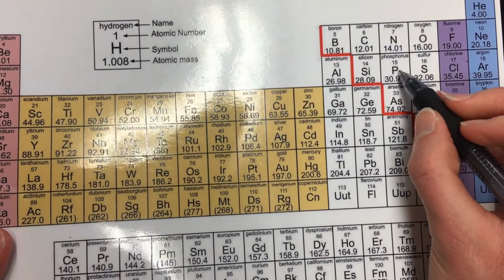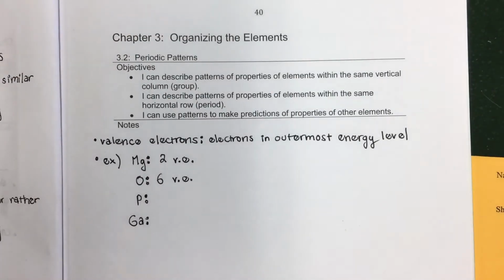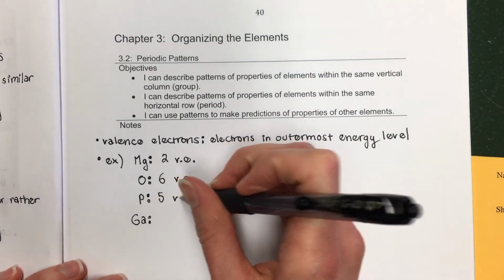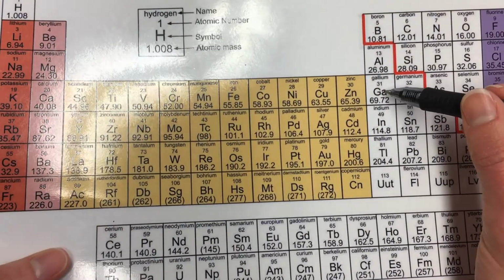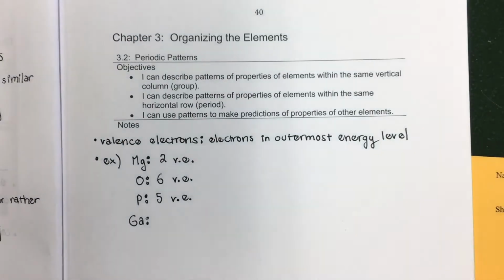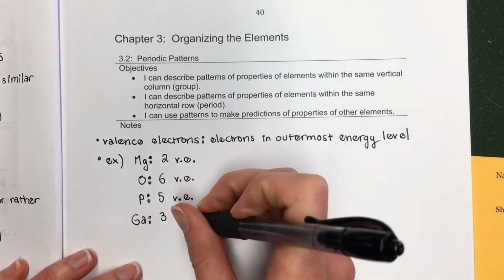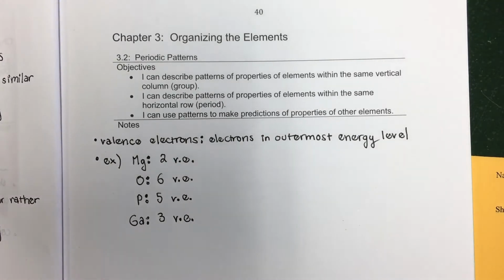Phosphorus is right here, so it's going to have 1, 2, 3, 4, 5 valence electrons. And lastly, gallium is going to have 1, 2, 3 valence electrons. So hopefully you can see what you need to do to figure out the number of valence electrons in an element.